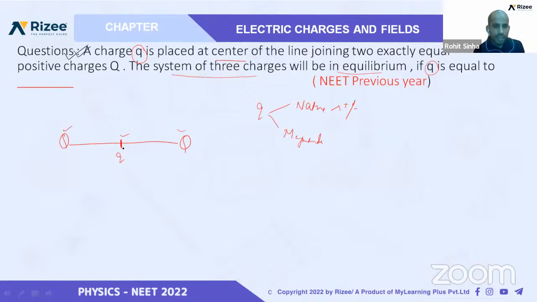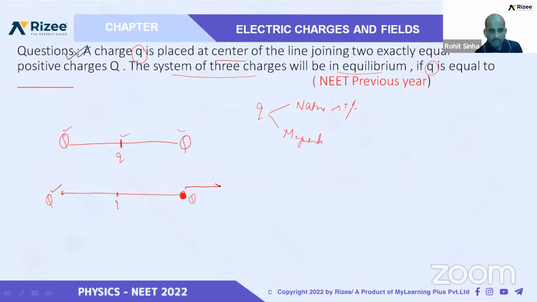Now, how will we determine the nature? Let us take any one of the charges as a reference and verify. Suppose this charge capital Q is positive.